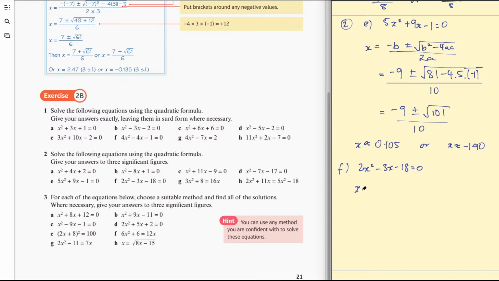Quadratic formula. Sometimes I like to think, could I possibly factorize this? It's worth checking because often, in an exam, they're not going to tell you whether to factorize or not. So it's worth thinking about. Are there actually factors of 18 and 2 that make 3? Like 9 and 2, and then you will usually quickly realize there's not.